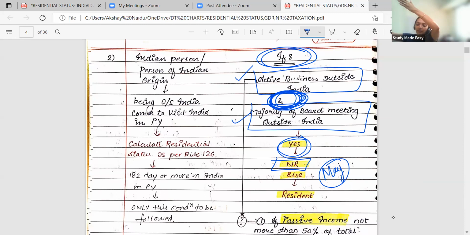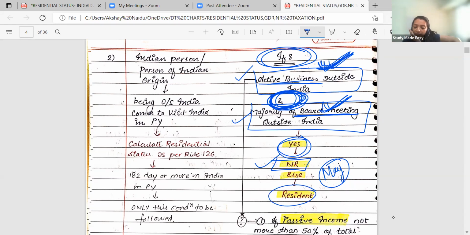If everything is happening outside India, key commercial decision and key management decision both are outside India. Board meeting is for management decision, active business is key commercial. So everything is outside India. Yes, it is non-resident. Till now clear with POEM and linkage of these two conditions? Else it will be resident.